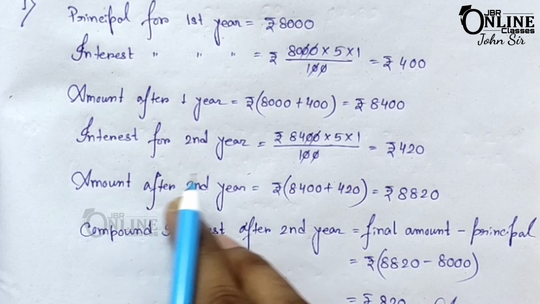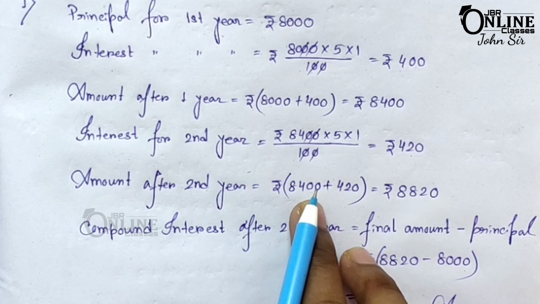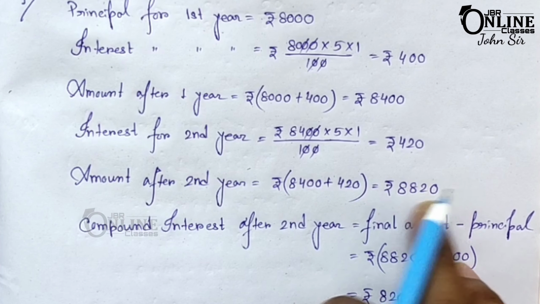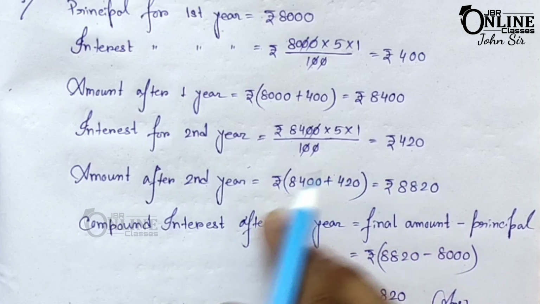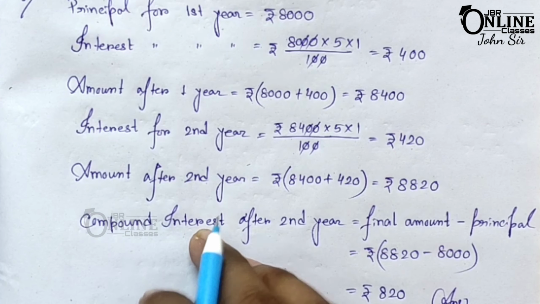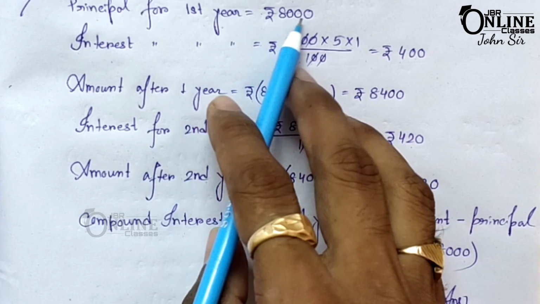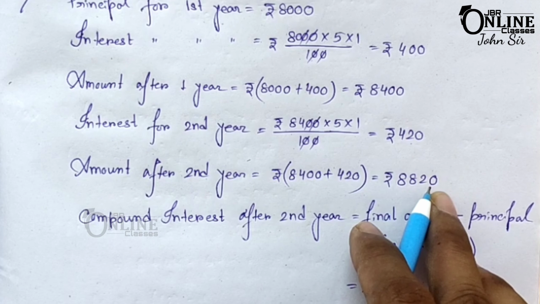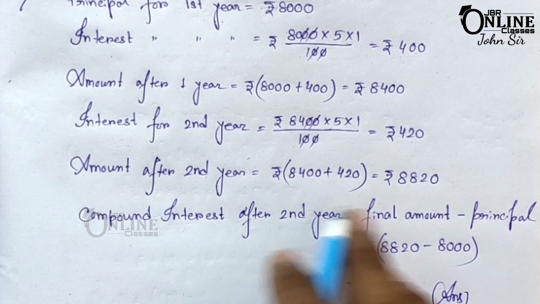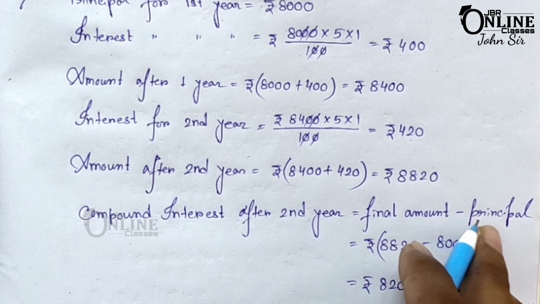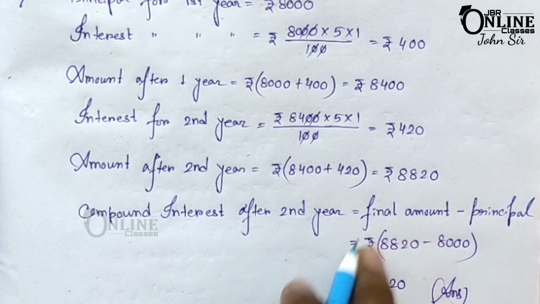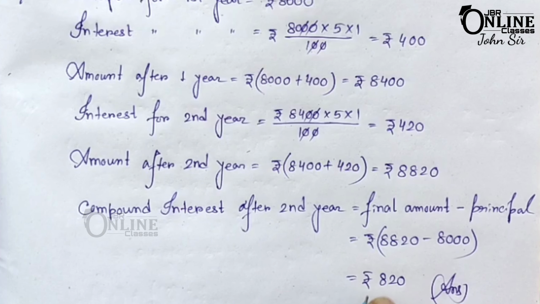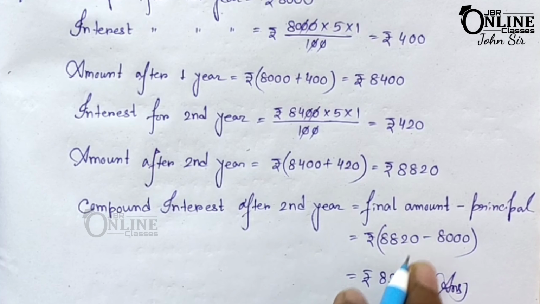Then the amount after the second year will be 8400 plus 420, which is 8820. Now you have to find the compound interest. As the initial principal is 8,000 and the final amount is 8820, the compound interest will be the final amount minus the initial principal. That equals 8820 minus 8,000, and you will get 820 as the answer.